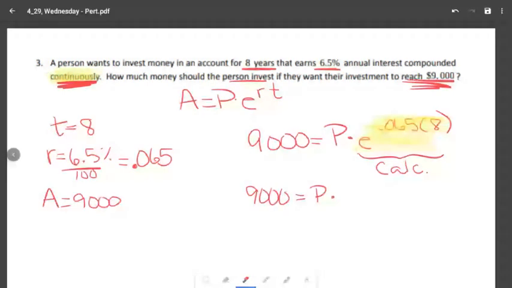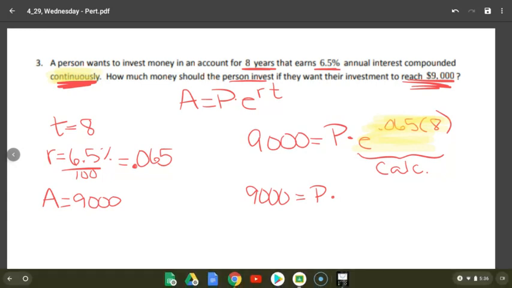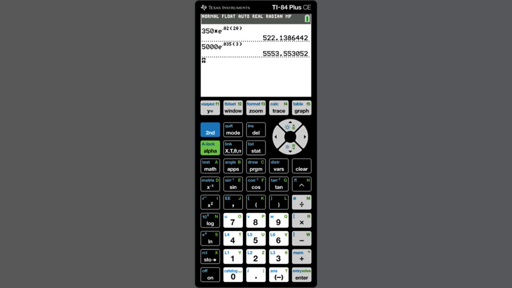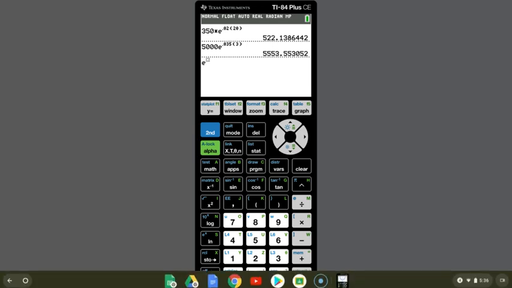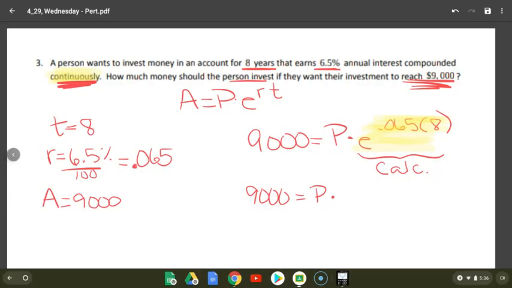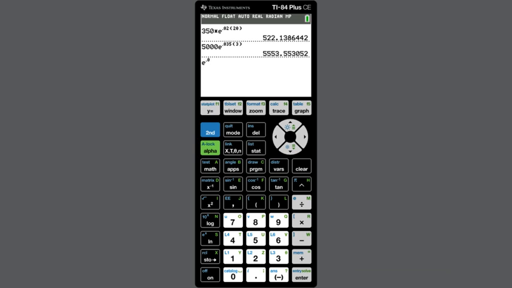So we have 9,000 equals P times, plugging into our calculator, the E, second ln, to the exponent 0.065 times 8.